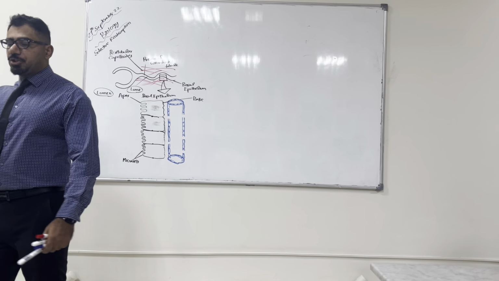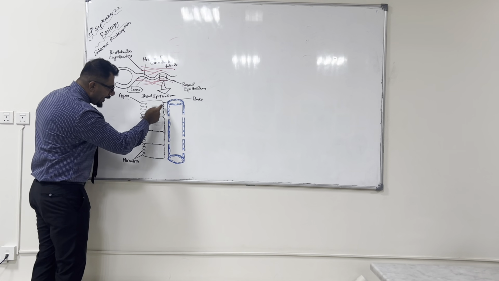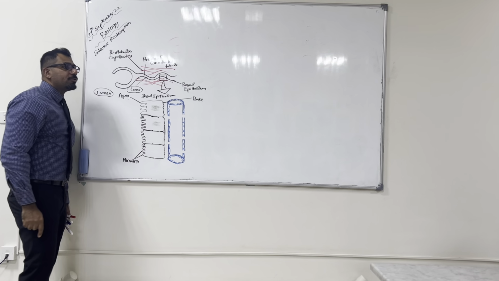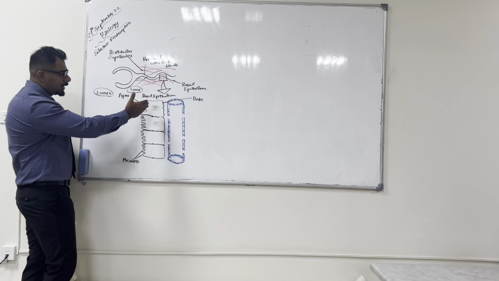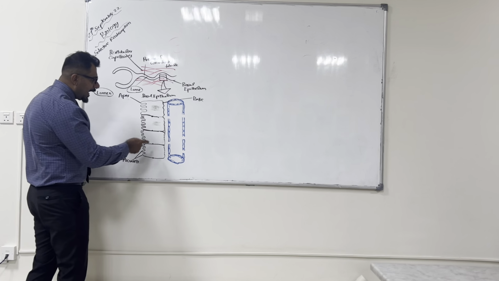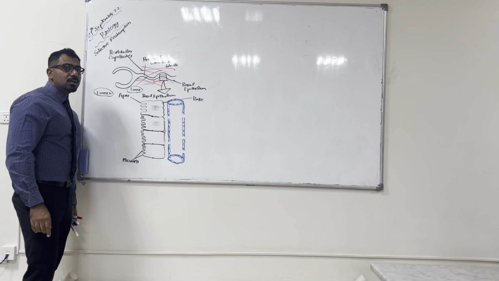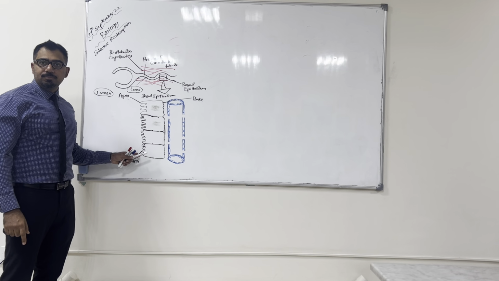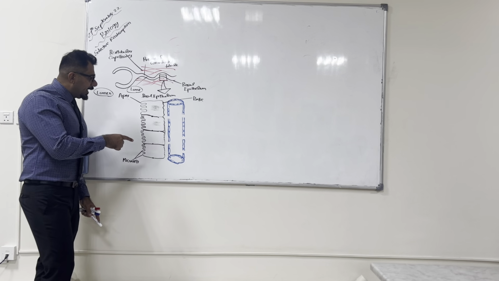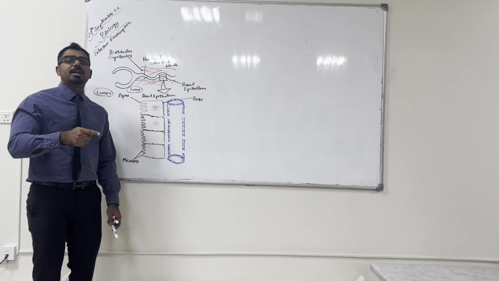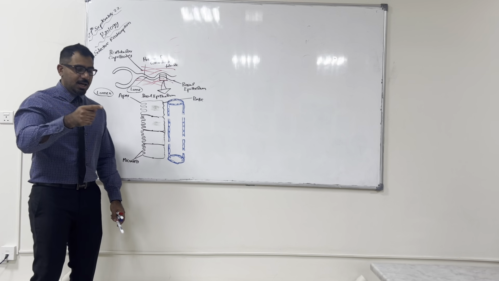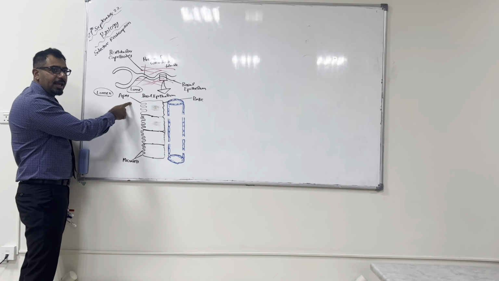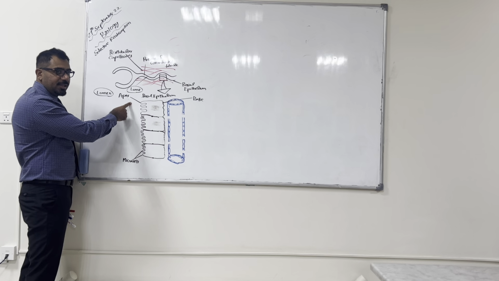And if you pay attention, on the basal side I made the lines more wavy as well. I did not draw straight lines, to show that there are foldings over here, but not as much as villi and microvilli. So even the basal side will have a bit larger surface area, but not as much as the apex.